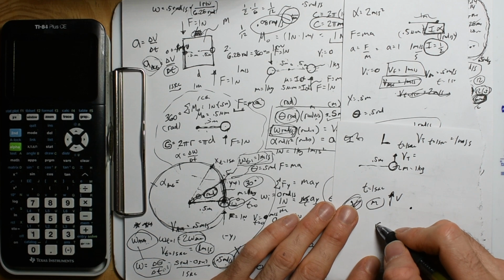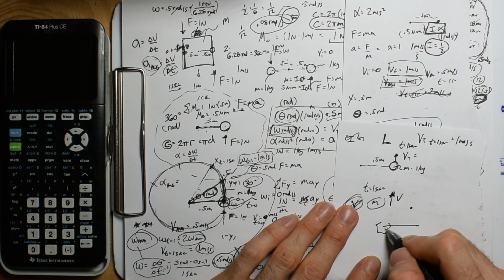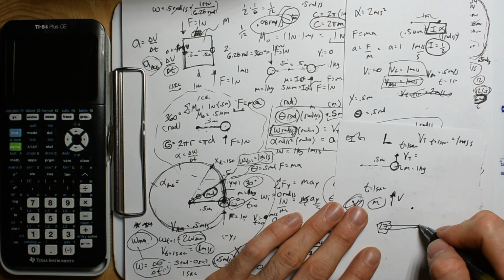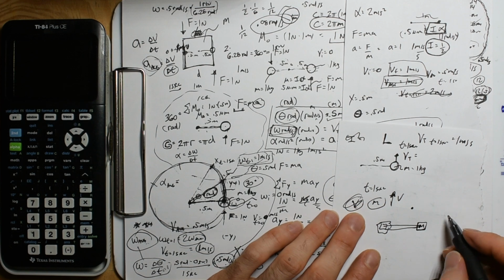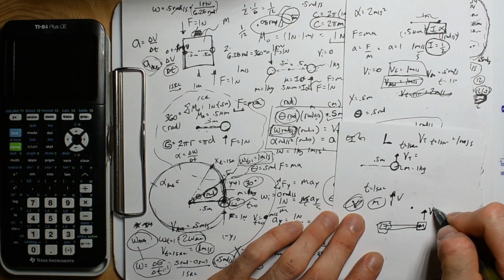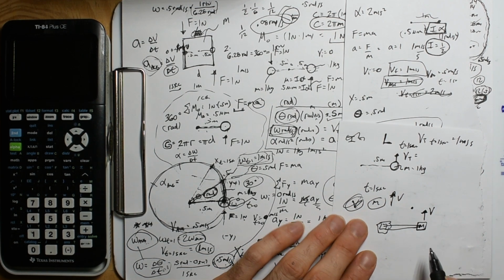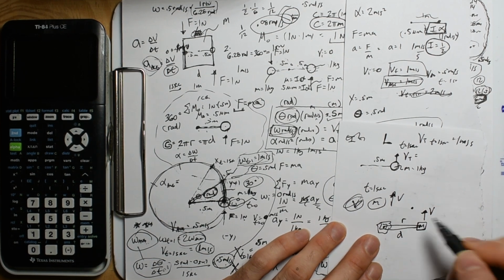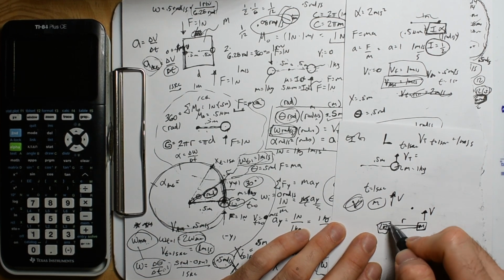So now I think we can go back to our wrench. Out here we have a mass with some sort of velocity on it, and we have a distance right here, or like a radius, from this point 0.